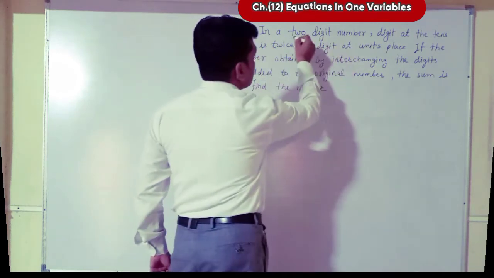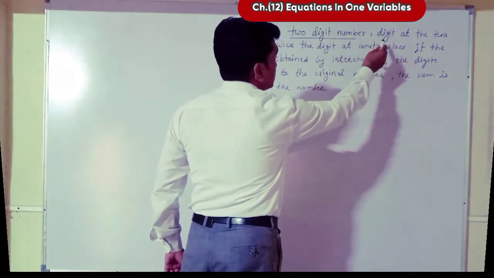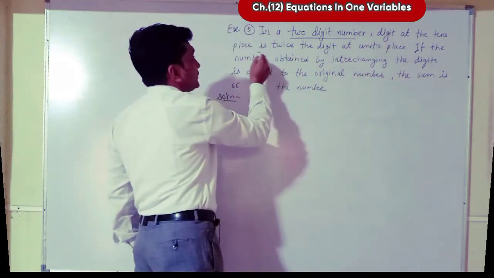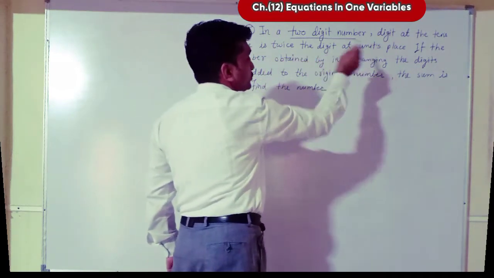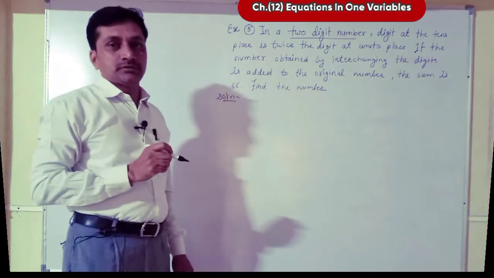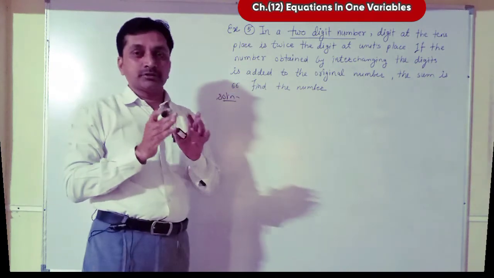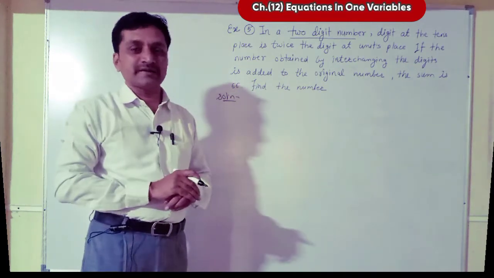In a two-digit number, the digit at tens place is twice the digit at unit place. Unit place digit we have to consider as x.